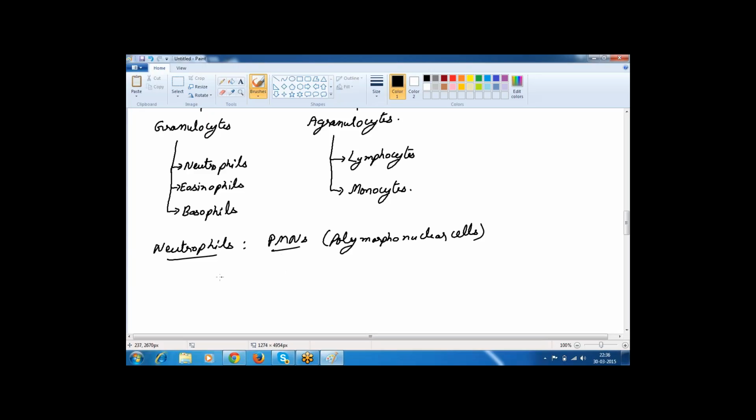These contain granules which contain peroxidases, for example, myeloperoxidase.